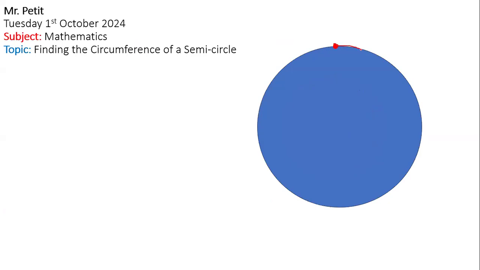Yeah, we are. So we know that if we're trying to find the circumference of this whole circle, the distance around this whole circle, what is the formula that we use? The formula is 2 pi r.